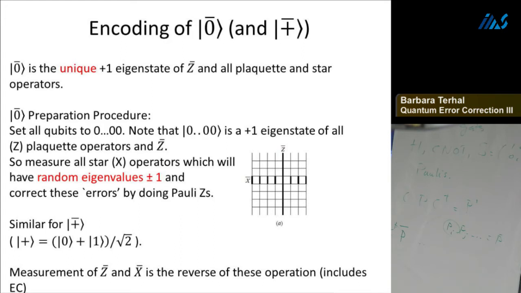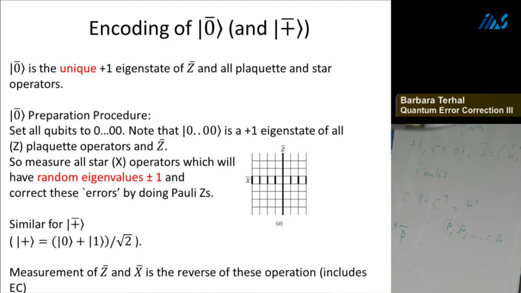So let's look at that for the logical 0. We know that the logical 0 is a unique +1 eigenstate of all plaquette and star operators and the logical Z. There's a state in the code space, but if I fix the eigenvalue of logical Z, I get only the 0.